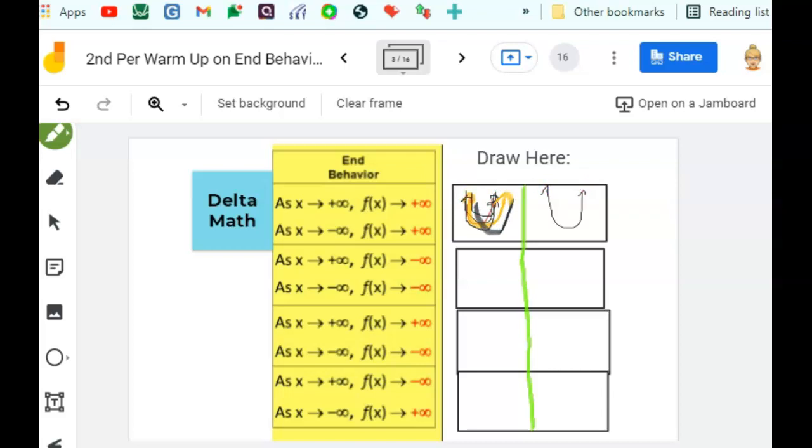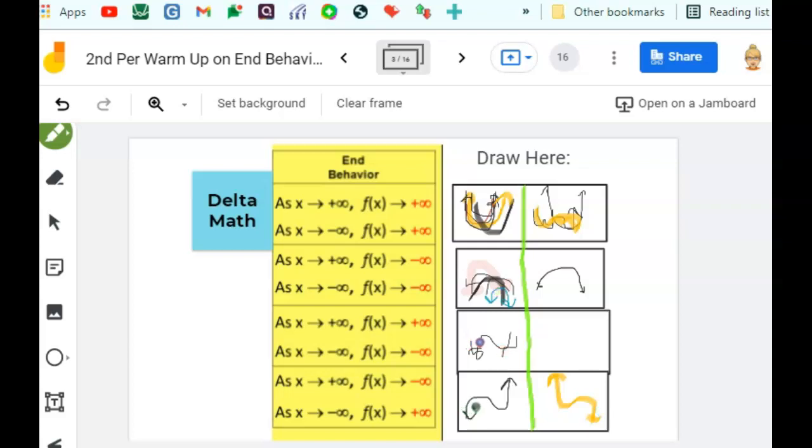What about the next one? Try all of them, guys. Fill one in. What do you think? Good job. The next one has both the y's negative, so that would be both ends down. Ooh, let's see what's happening at the bottom. Ooh, we got opposite opinions on the last one.